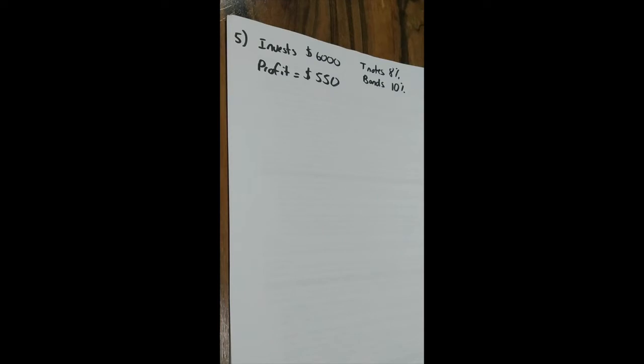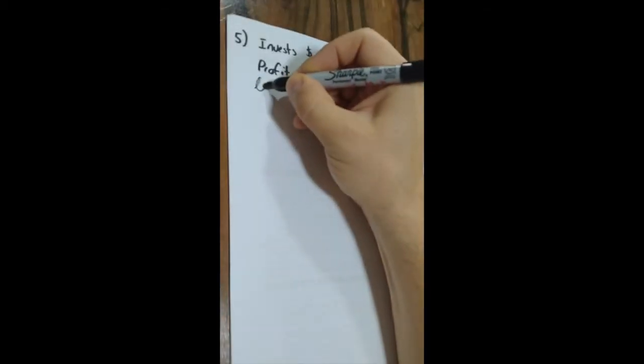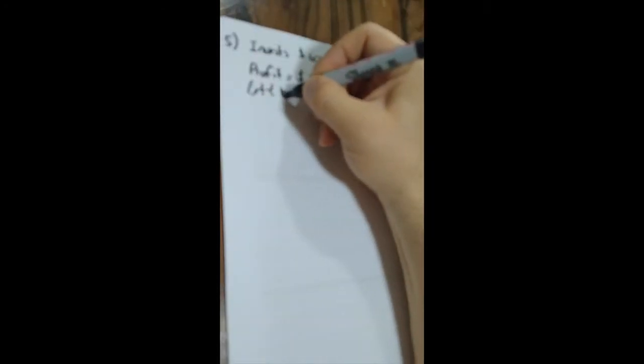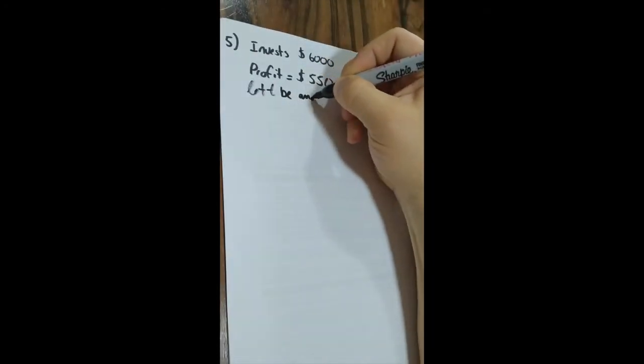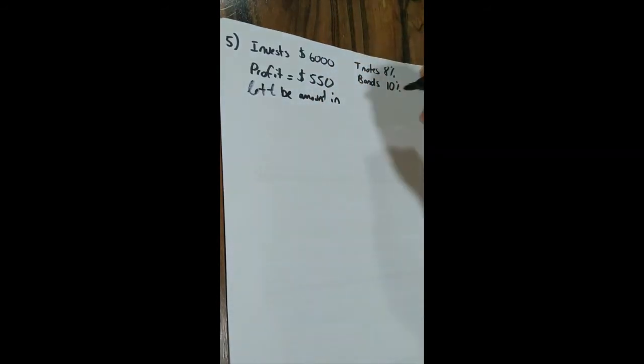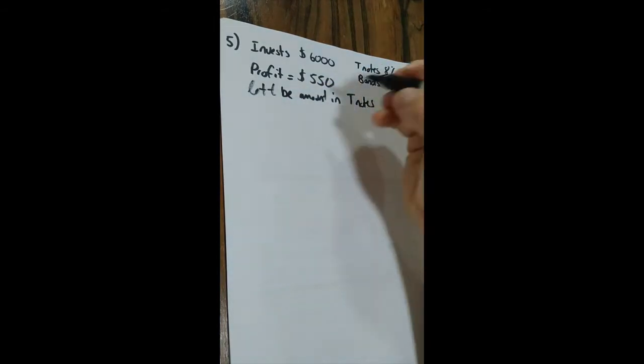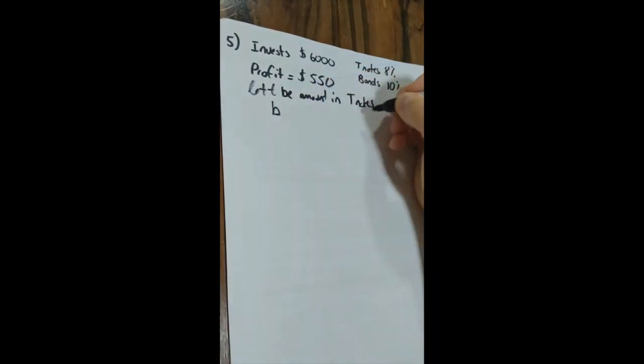Right away, if you look at the question, it says how much was invested in each. So those are the variables. How much is invested in T-notes? Let T be the amount in T-notes, and let B be the amount in bonds.